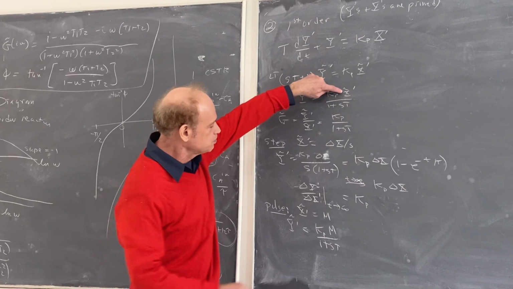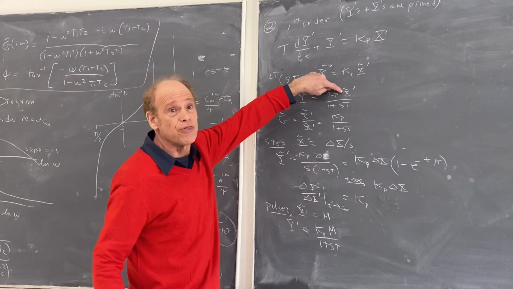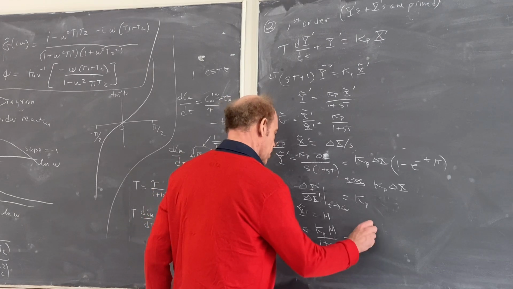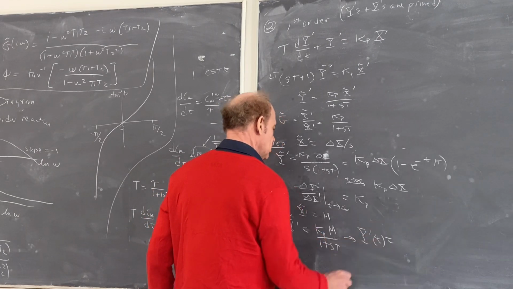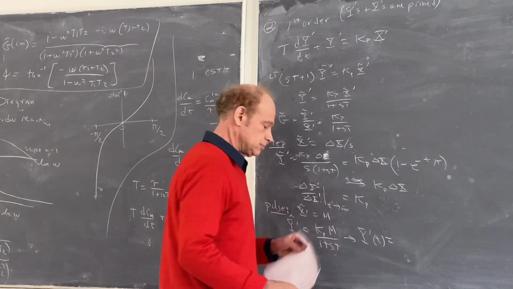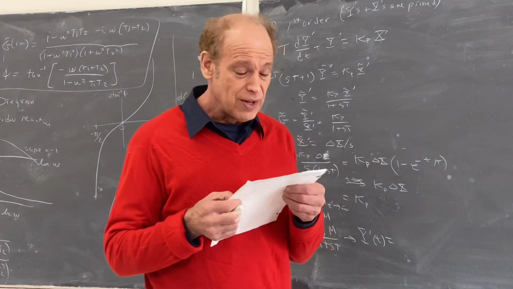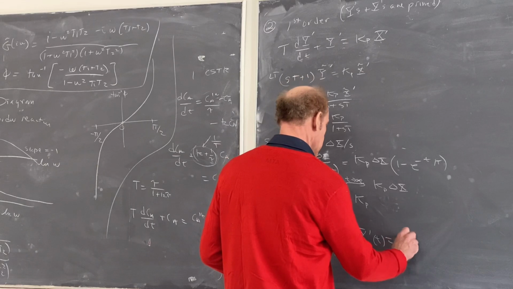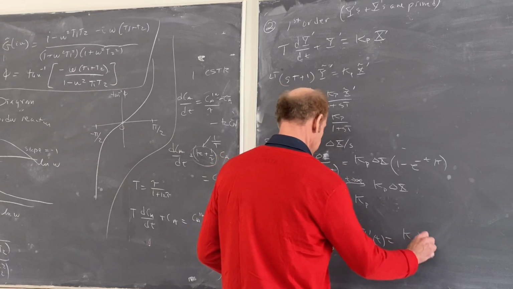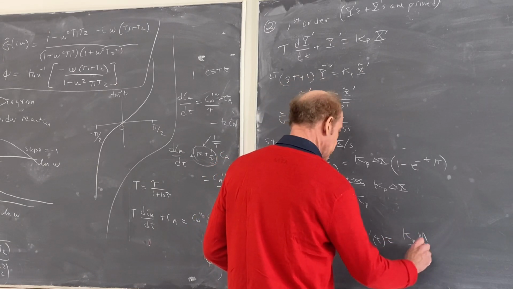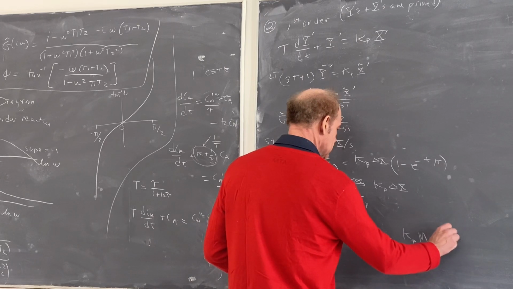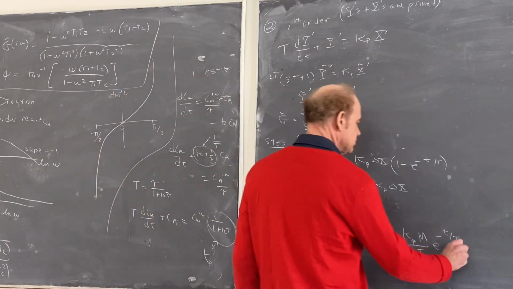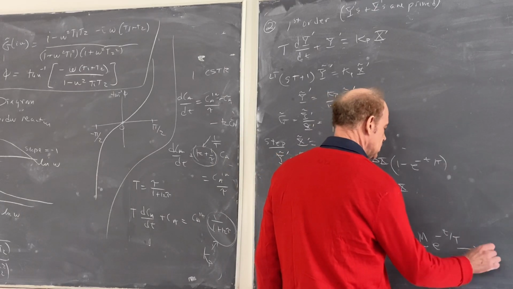For x prime I just plug in m. There's no other s. Then when I invert that, I have y prime of t, and this is line 4. From line 4, I get Kp m divided by τ, e to the minus t over big T, which as t goes to infinity gives me 0.